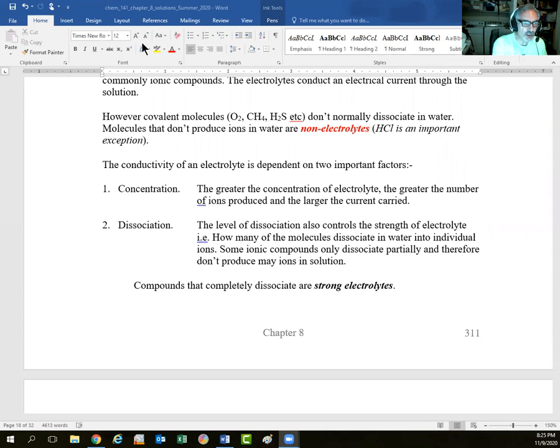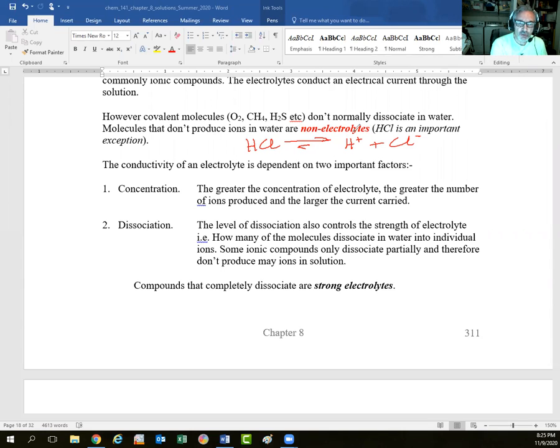In the case of hydrochloric acid, that HCl strongly dissociates into hydrogen ions and chloride ions. Although, as we'll see in Chapter 9, the hydrogen ion normally piggybacks onto a molecule of water to form a hydronium ion, but it's still an ion.